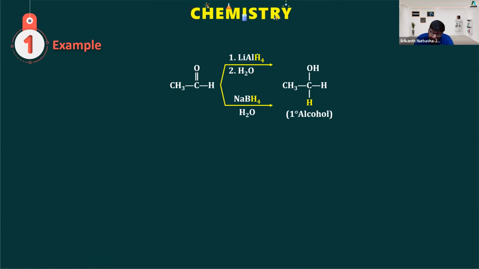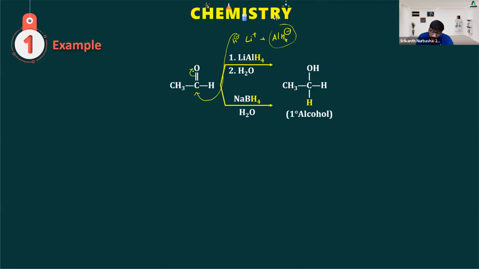Lithium aluminum hydride is Li plus AlH4 minus. From this, the hydride ion is going to act as a nucleophile that will attack the electrophilic carbon. Understood this point or not? So the hydrogen connected to carbon is obtained from the reducing agent, lithium aluminum hydride or sodium borohydride.